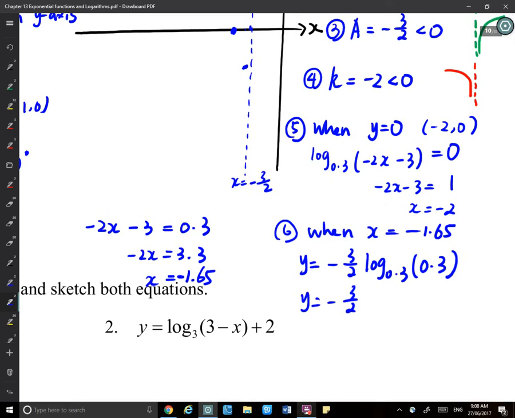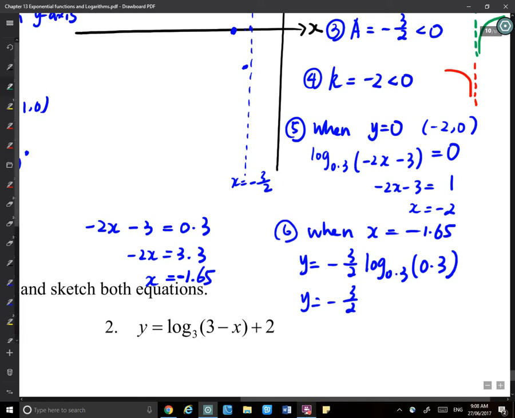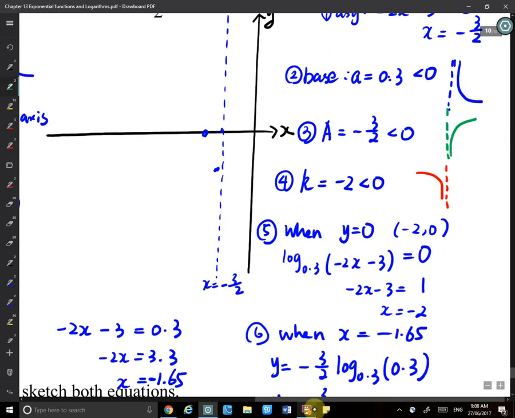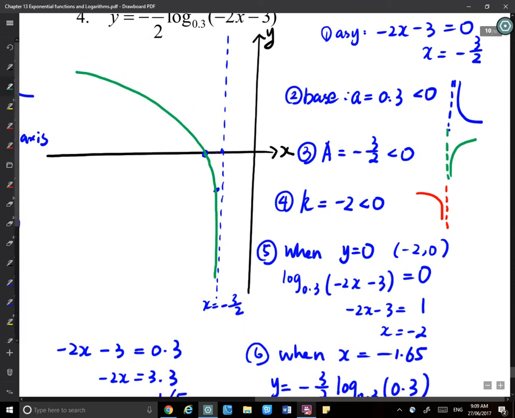Okay, so what I will have is this shape. So the points I have are minus 2, 0, and minus 1.65, minus 1.5.